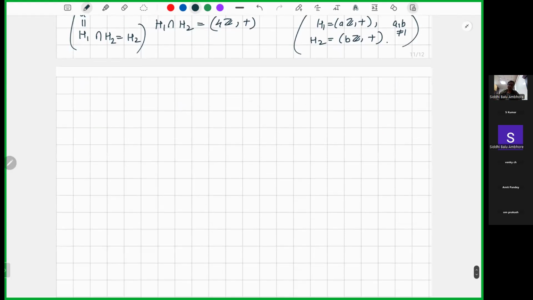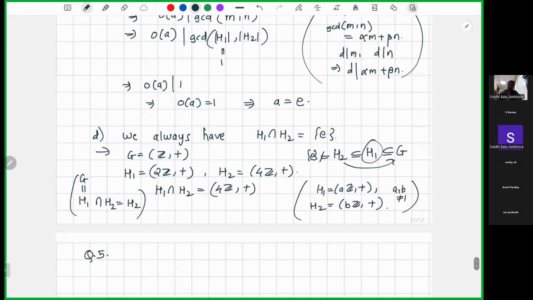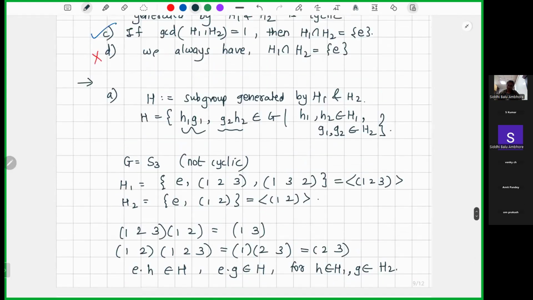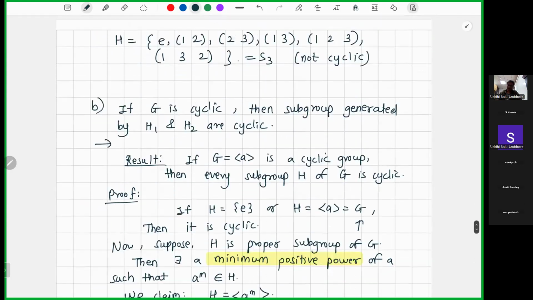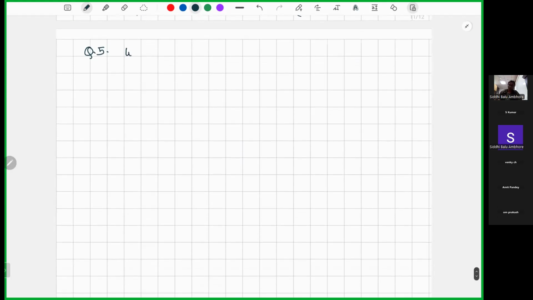Now this question 5. I wrote this as question 4 actually, but this is question 5. Which of the following statements are correct or true?